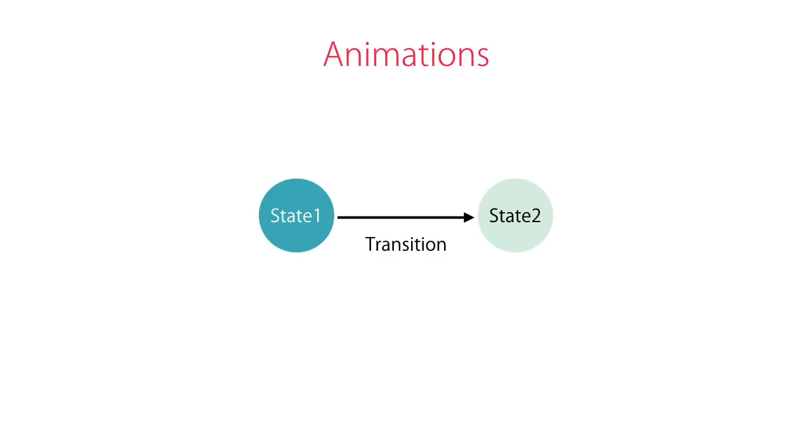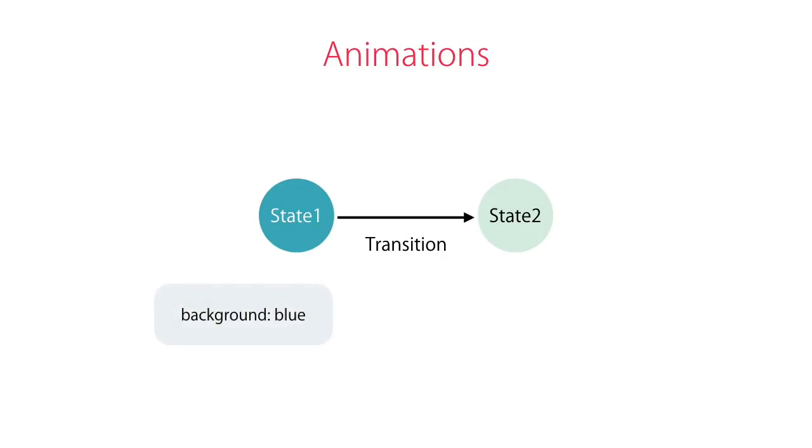Look at this illustration. What you see here is the concept behind every animation. Whether you're a programmer or an animator, you're dealing with the same concept. So what does this mean? This means an element, or here more accurately, a DOM element, can be in any given state. Let's say state 1. In this state, it has a certain look and feel.